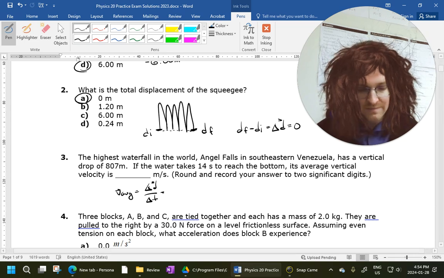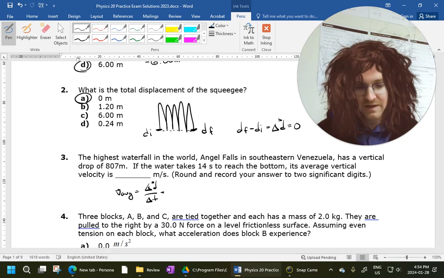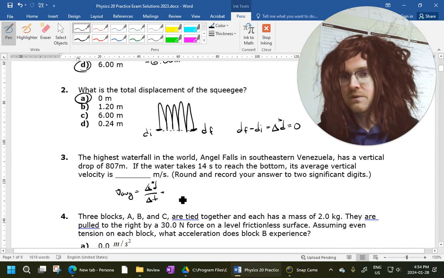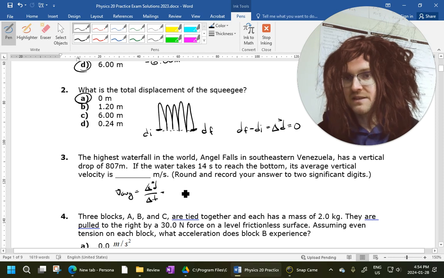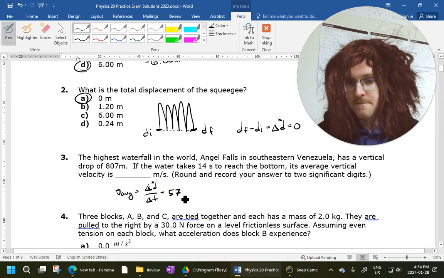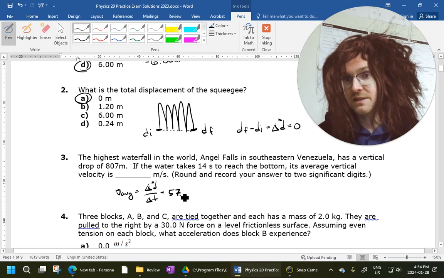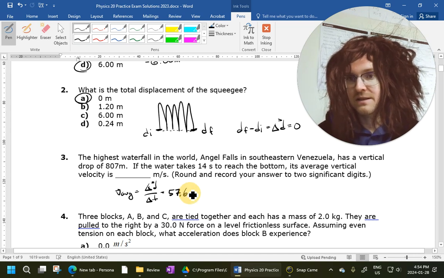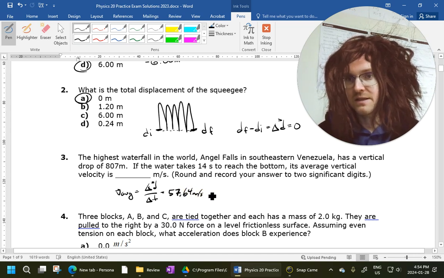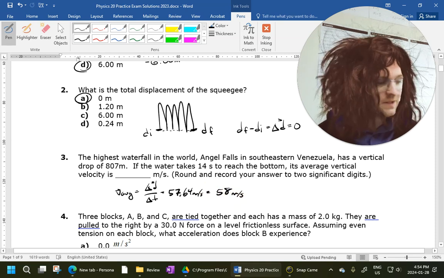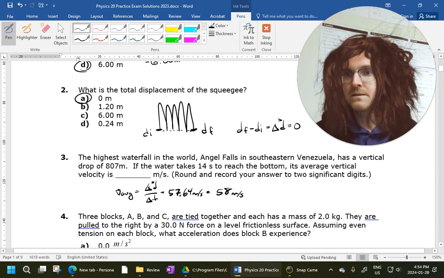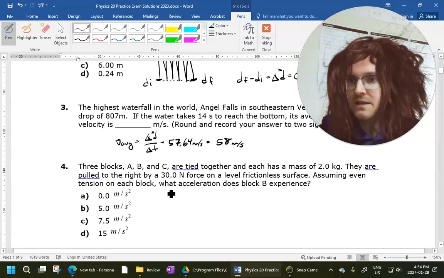So we're just going to do the simple calculation. 807 divided by 14. And we're going to get an average velocity of 57. No, it's 2 sig digs. So I started writing this down already, so I'll write down some decimals here. But 2 sig digs is 58. It's got to round up.